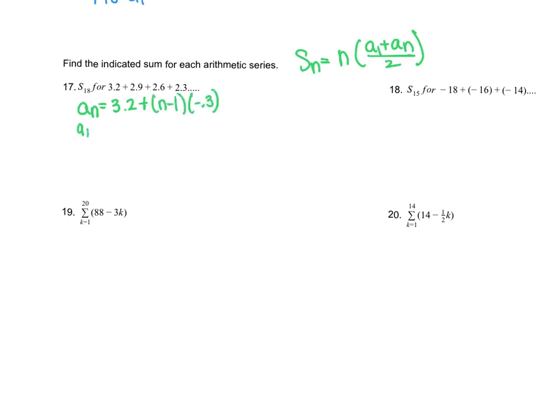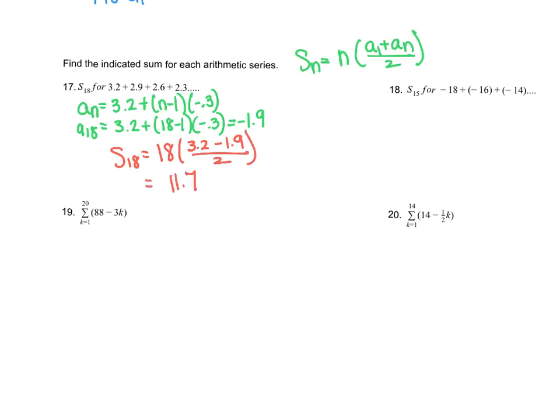So for my 18th term, 3.2 plus 18 minus 1 times negative 0.3. So that's negative 1.9. So now that I have that, the sum of 18 terms equals 18 times my first term, 3.2, minus my last term because it's negative, over 2. So that gives me 11.7.